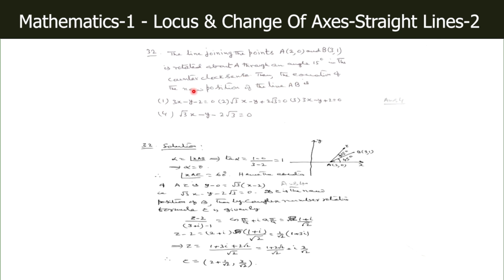Then the equation of the new position of the line AB, here I have asked only the equation of the new position of line AB, but not the new coordinates of the new position of B, is: option 1, 3x minus y minus 2 equal to 0; 2, root 3x minus y plus 2 root 3 equal to 0; 3, 3x minus y plus 2 equal to 0; 4, root 3x minus y plus 2 root 3 equal to 0.